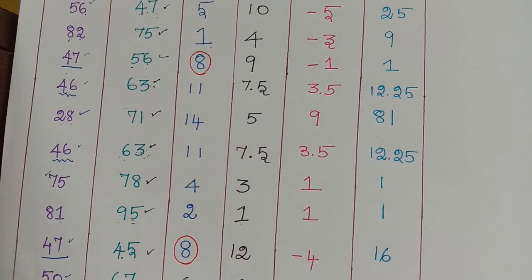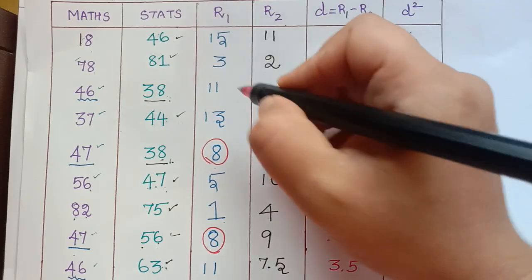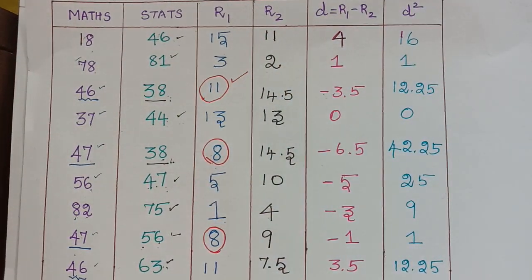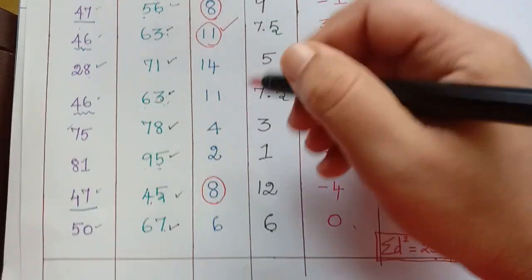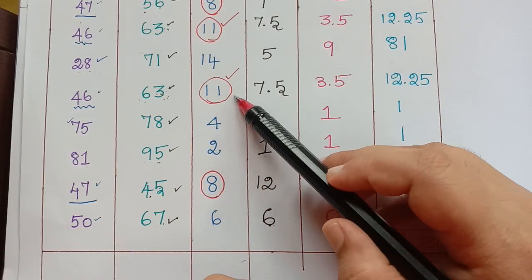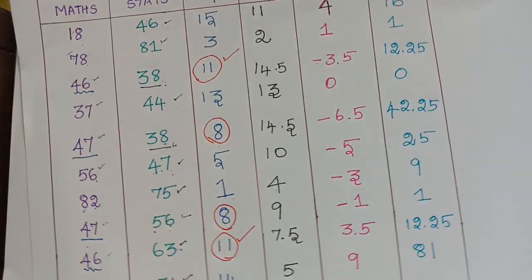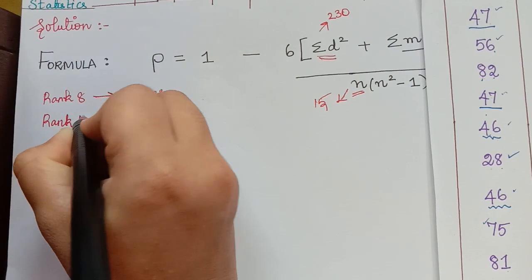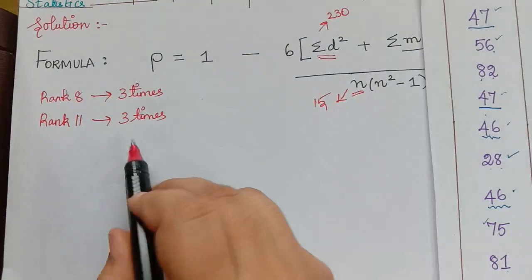After that, in rank R1, rank 11 is repeated. 11 is here, and here, and here. 1, 2 and 3. So rank 11 is also repeated 3 times.